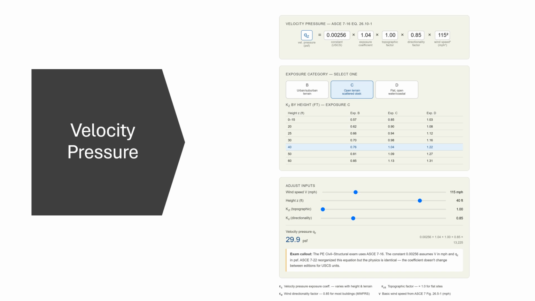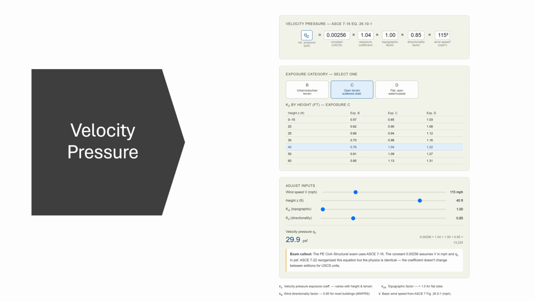Topographic factor is most of the time conservatively left as 1. Directionality factor, unless you have some kind of funky geometry, is most of the time going to be 0.85. And then the wind speed is just from the map, or it could be given to you in the problem statement, or from the ASCE hazard map, which we can make a separate video on later. But the wind speed is squared.